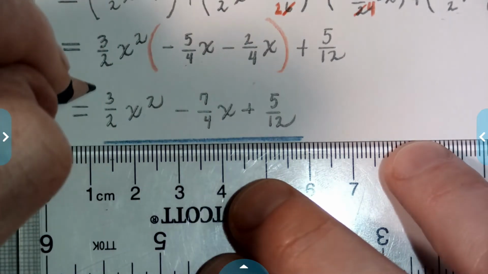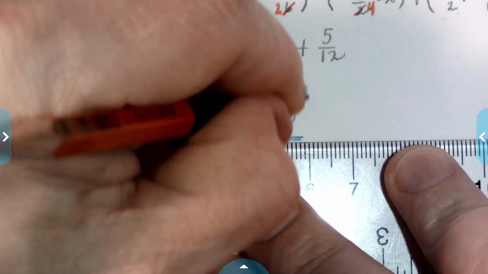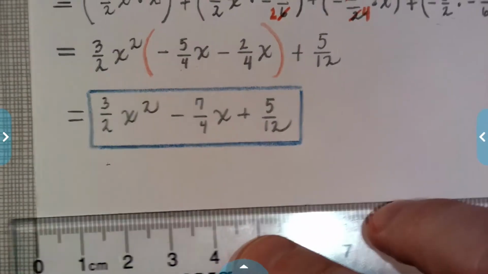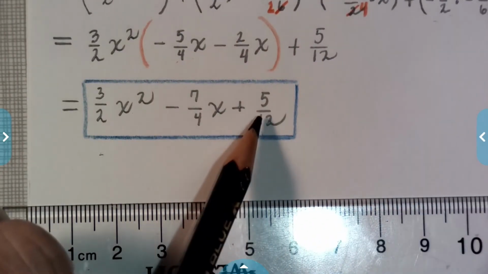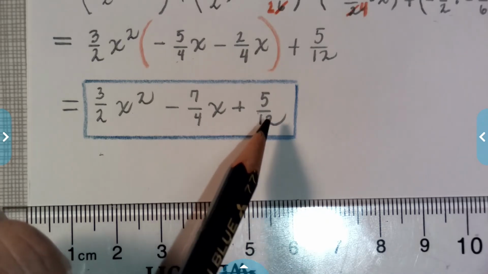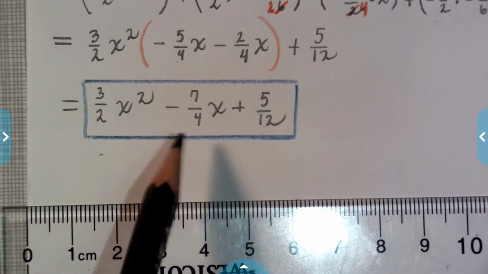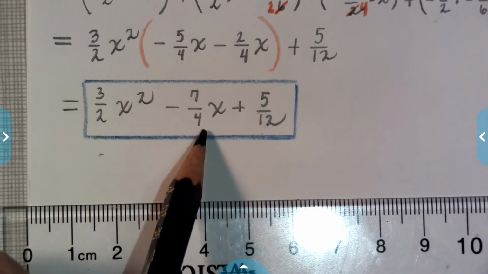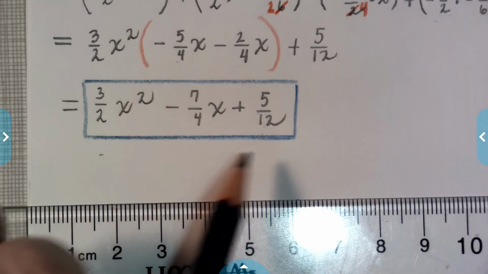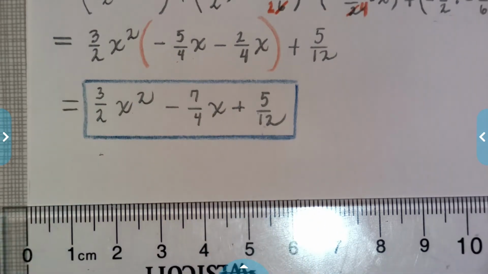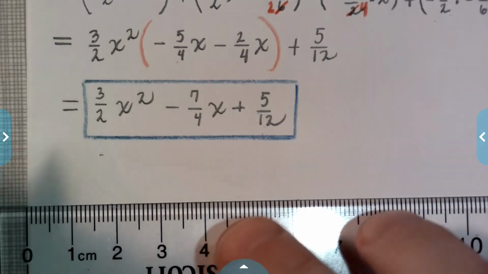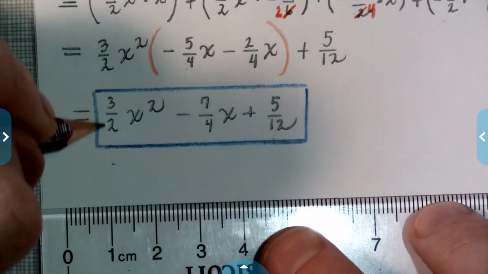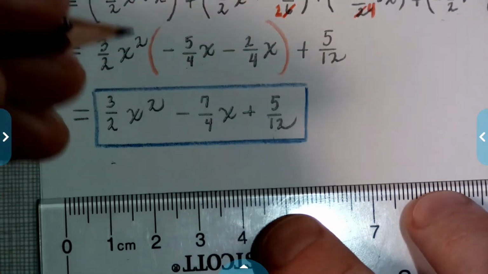That might be the answer, but there's a way to get rid of all the fractions. It changes the quadratic, though. Because right now, this quadratic is crossing the y-axis at 5/12. So we'll change the quadratic. It won't change the solutions of the quadratic, but it'll change the shape of the quadratic. So we are changing something here, so keep that in mind.